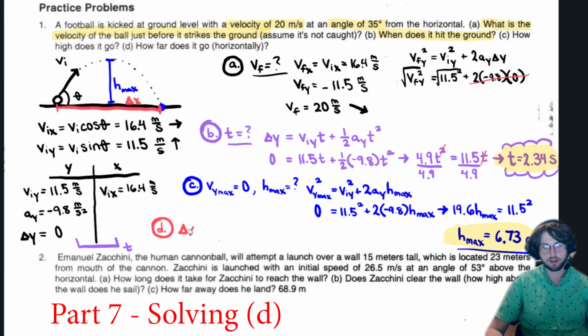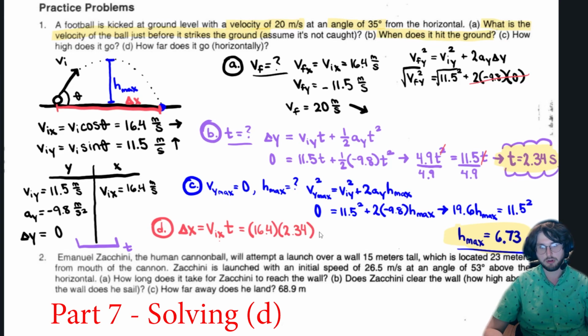You can say, well, delta x has got to equal the velocity that it's just traveling at a constant rate the whole time, which is Vix times t, which we solved for in part B. So if you go ahead and plug that in, it's going to be 16.4 times, well, 2.34, which should get you a final answer of about 38 meters, rounding up or down a little bit. And really, that's all there is to it.